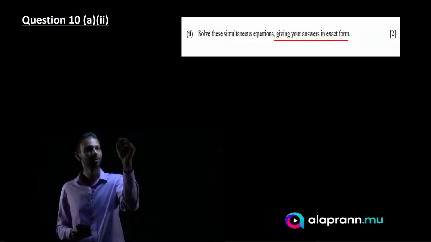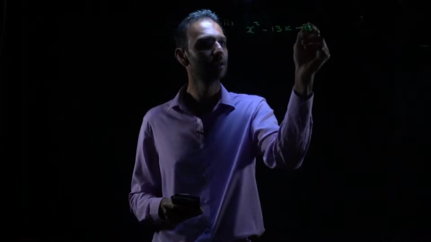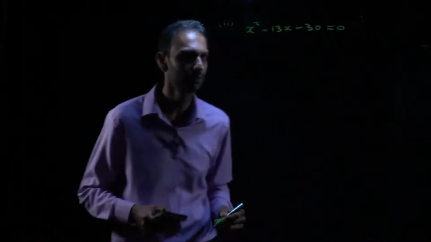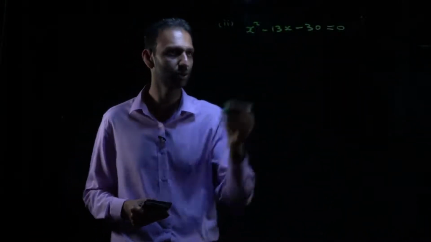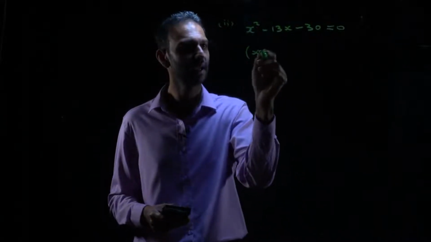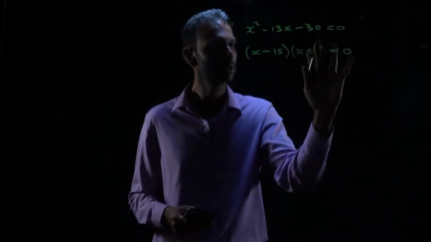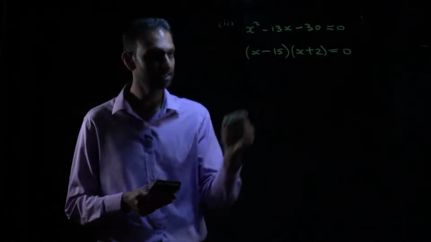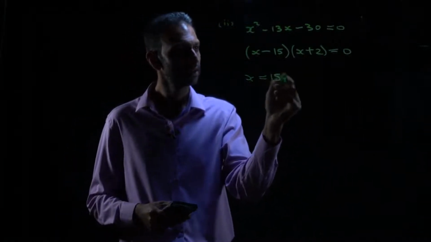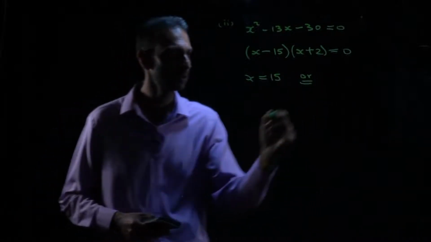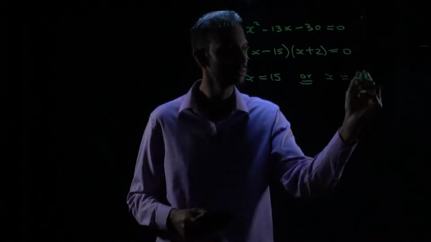Well, we got x squared minus 13x minus 30 is equal to 0. That's a very simple quadratic to solve. Just by factorizing, x minus 15, x plus 2 is equal to 0. We have x is equal to 15 or x is equal to minus 2.